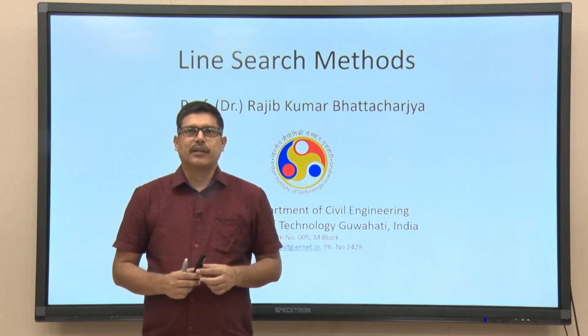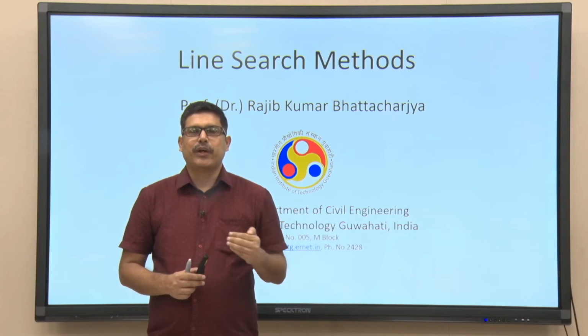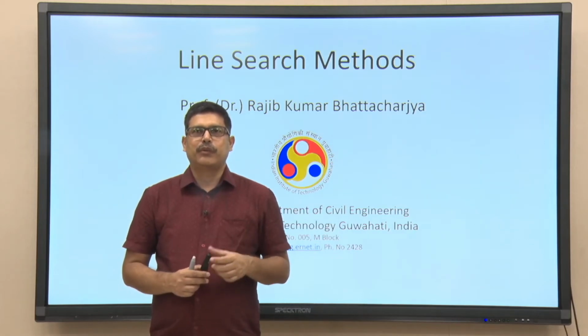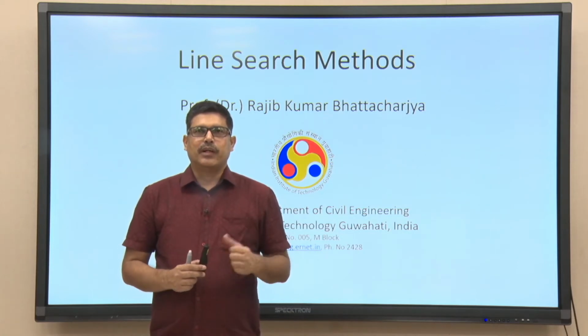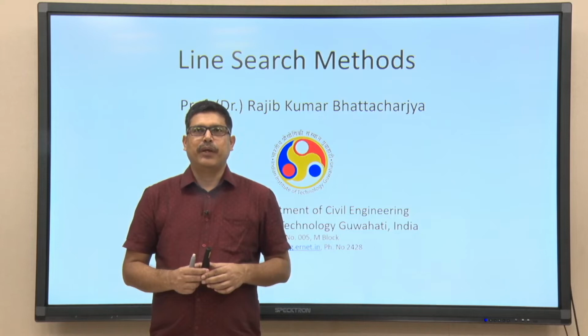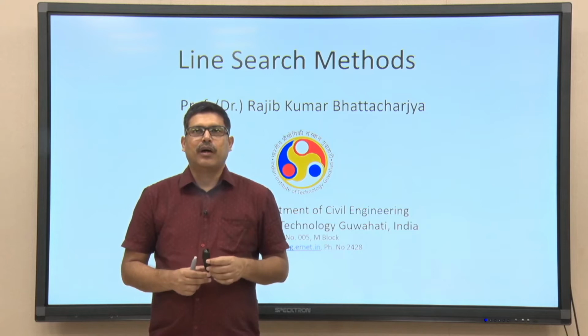In the last class we discussed a few line search techniques. I am calling it line search because we are trying to find an optimal solution of a single variable function. We mainly discussed region elimination techniques: the interval halving method, the golden section search method, and the bisection method.